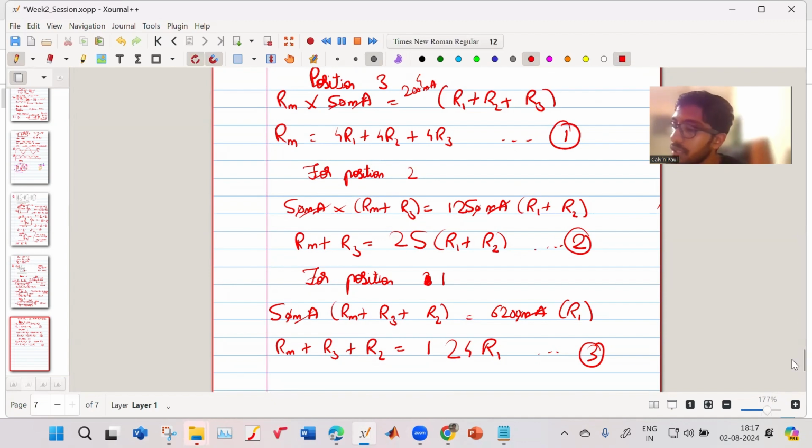So does anyone have any idea what we should do? Equation को minus करना पड़ेगा सर. Equation 1 minus equation 3 और equation 2 minus 3. Then proceed.